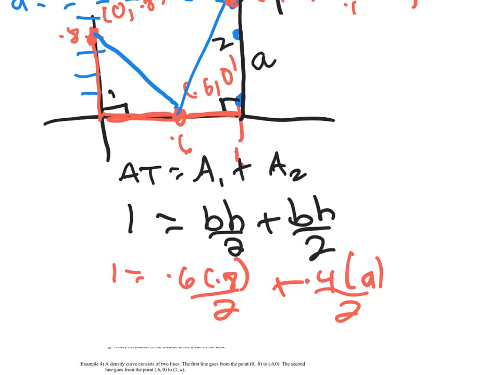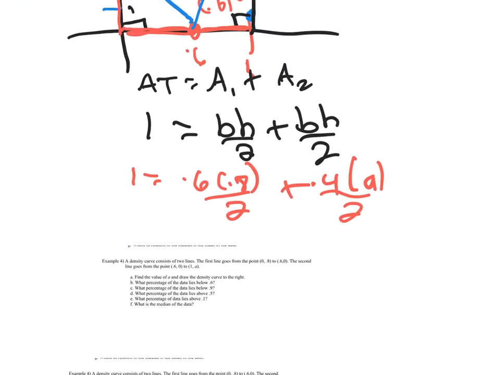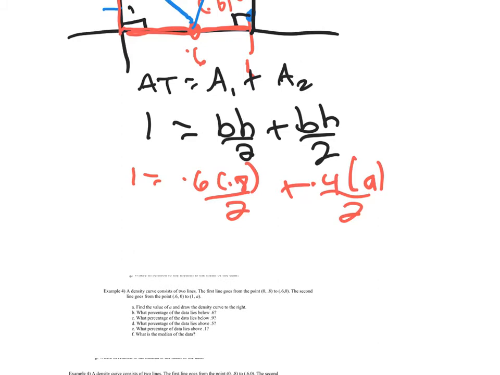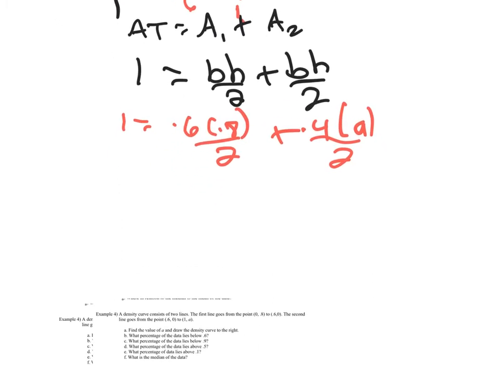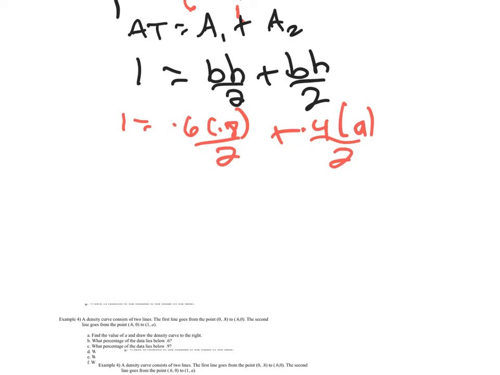I only have one variable in that whole equation. And you guys are all advanced placement students, so I could stop right now and you could just finish it for me, save me the hassle, but let's go ahead and look at it. 1 equals, well, 0.6 times 0.8 is 0.48, divided by 2.